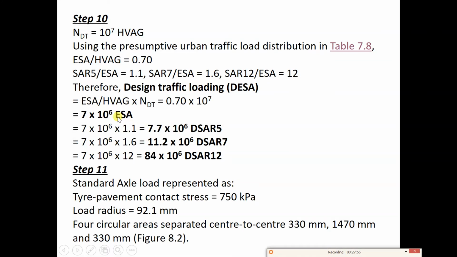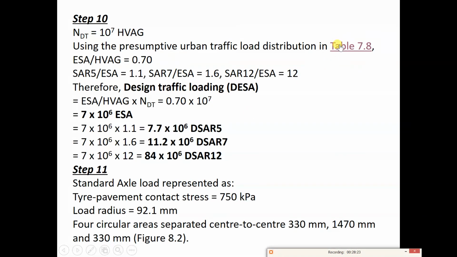To change the ESA to SAR 5, SAR 7, SAR 12, we just multiply by the factor here: 1.1, 1.6, 12. For the asphalt, we multiply by 1.1. This one, the 7 is subgrade, we multiply by 1.6, and for the cemented material, we multiply by 12.